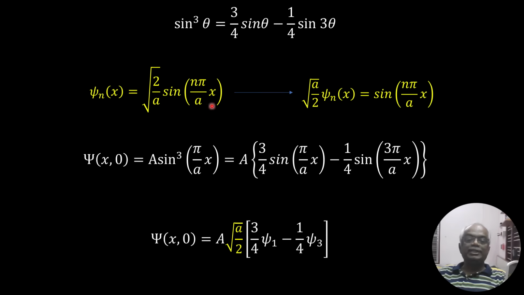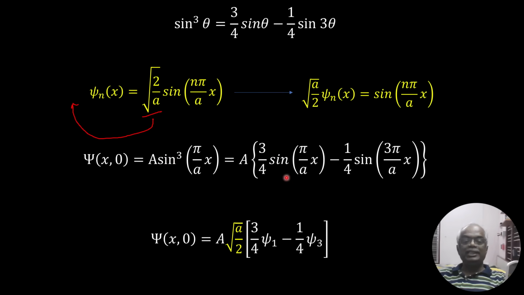times sin of n pi over a x, for the infinite square well potential. Bringing the factor to the left hand side, it becomes square root of a by 2 psi n of x is equal to sin of n pi over a x. So the initial wave function psi of x and 0 is A multiplied by sin cubed pi by a x.